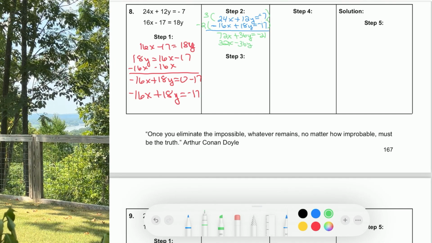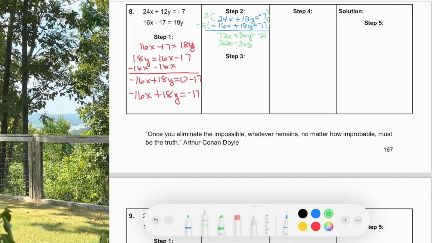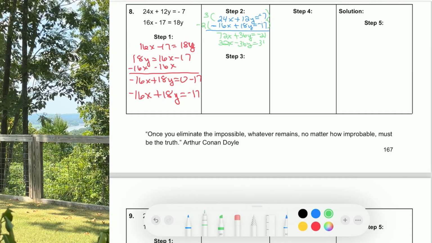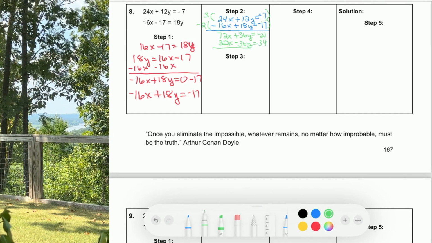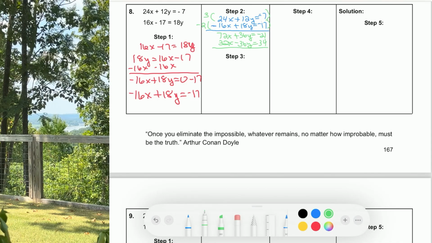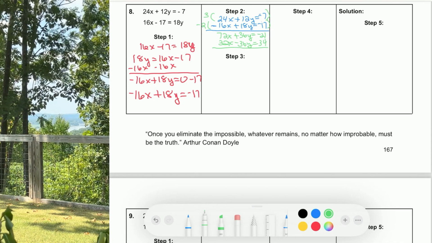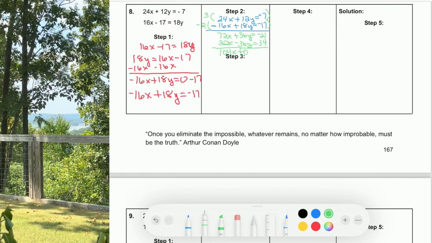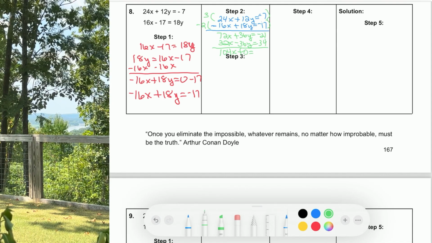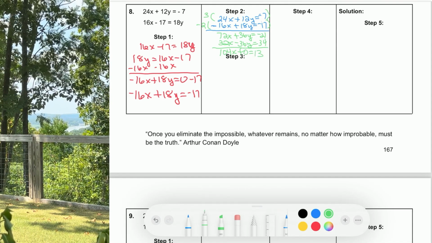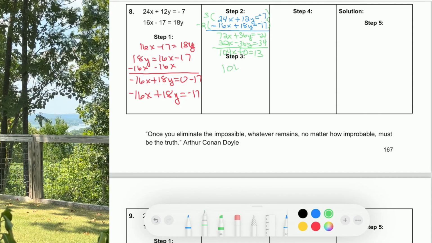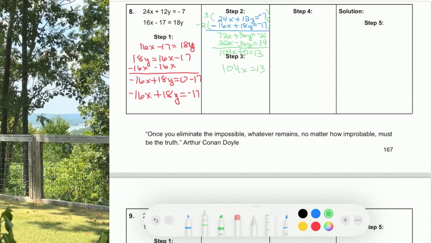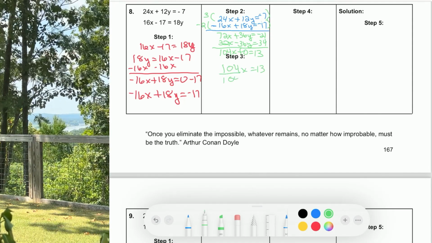And negative 2 times a negative 17 is going to give me a positive 34. All right, so now we can cancel out our y's. 72x plus 32x gives me 104x. And then negative 21 plus 34 is 13. Rewrite that down here. Divide both sides by 104.